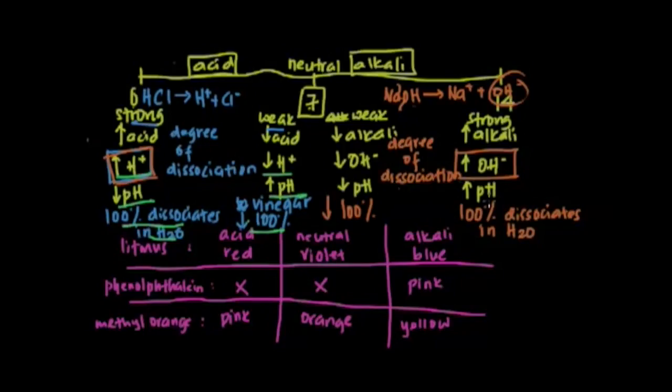Now for alkali, strong alkali dissociates completely in water to create a high concentration of hydroxide ion and it has a high pH value. A weak alkali partially dissociates in water, therefore it has only a low concentration of hydroxide ion and it has a lower pH value compared to the strong alkali.